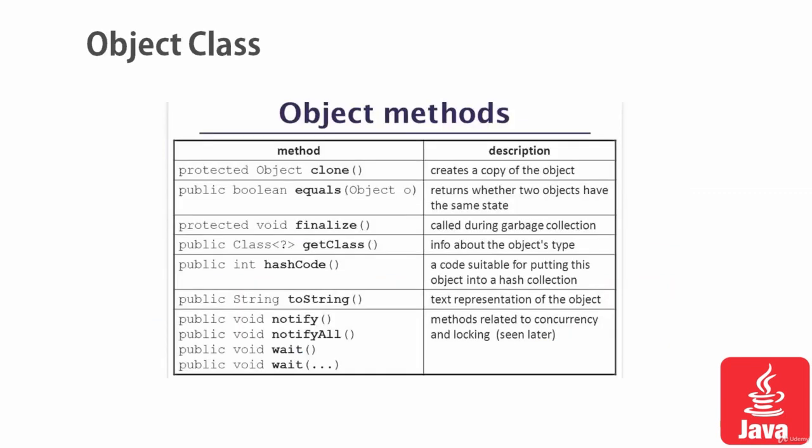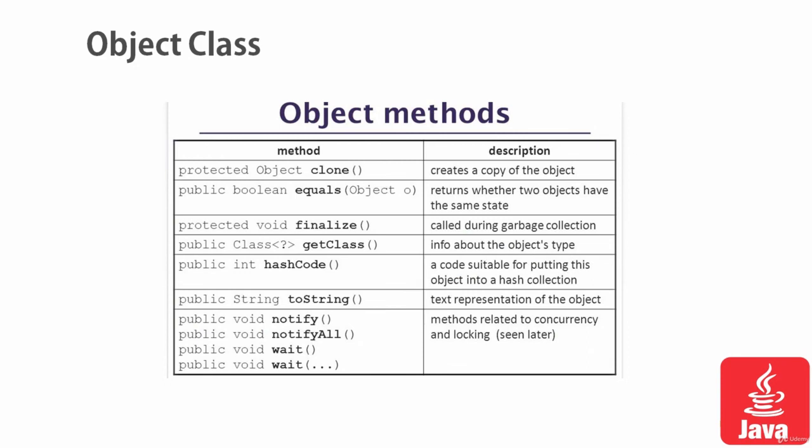The methods of the Object class are different ones that we can use. We can use finalize, and we can use clone, which creates a copy of the object. If you want to create multiple objects having the same set of values of the variables, we can create a clone of an existing object. We can have hashCode, which is suitable for putting the object into a hash collection, which is a data structure.